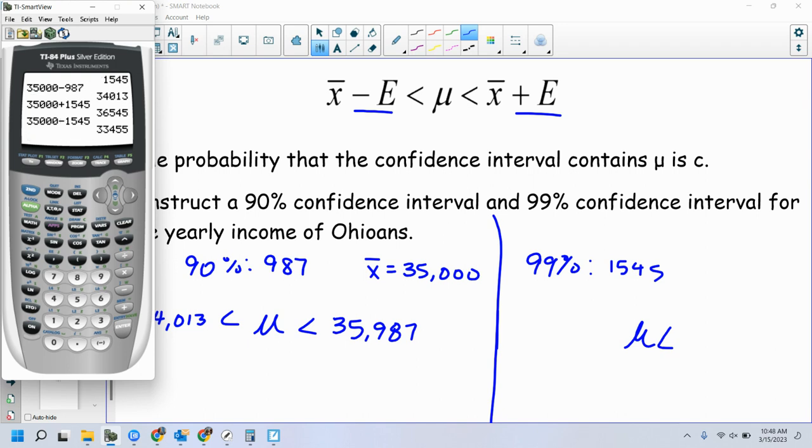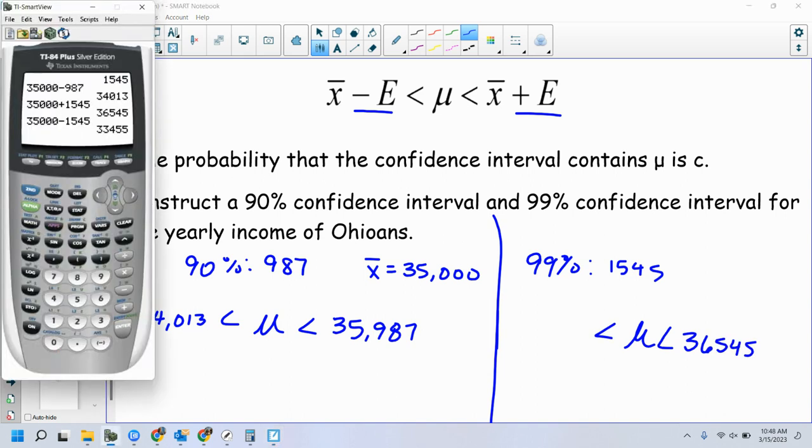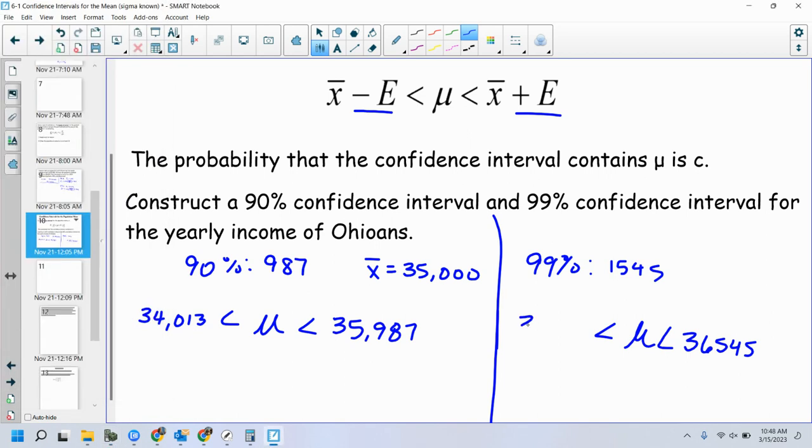So 36,545 and 33,455. Does that make sense? Okay.